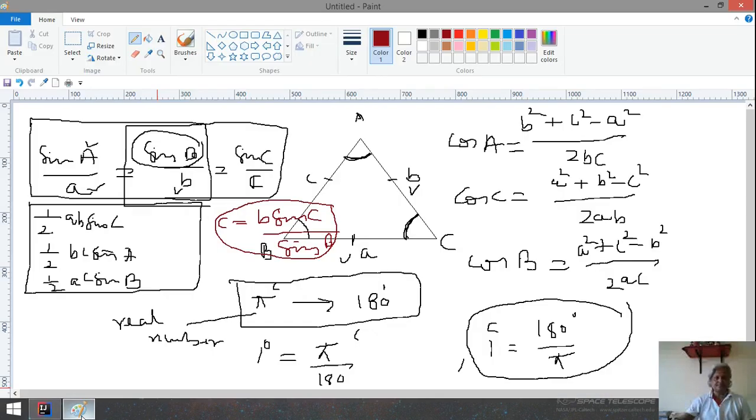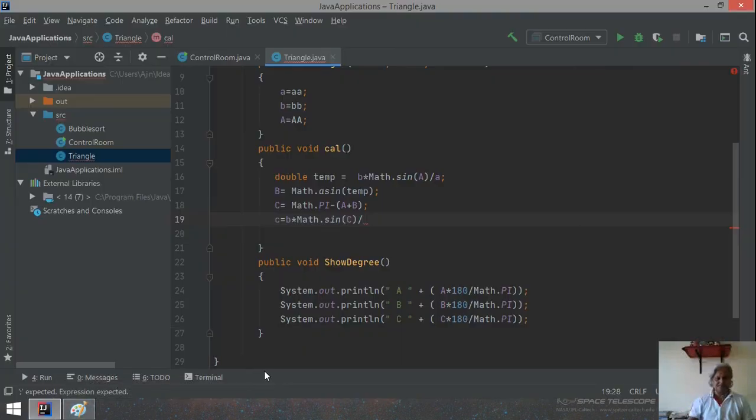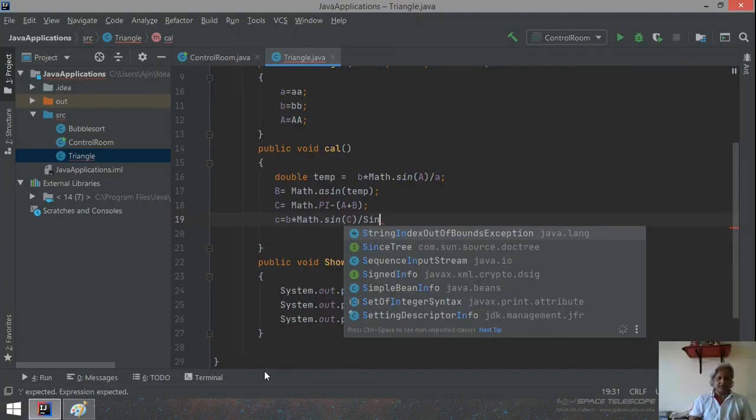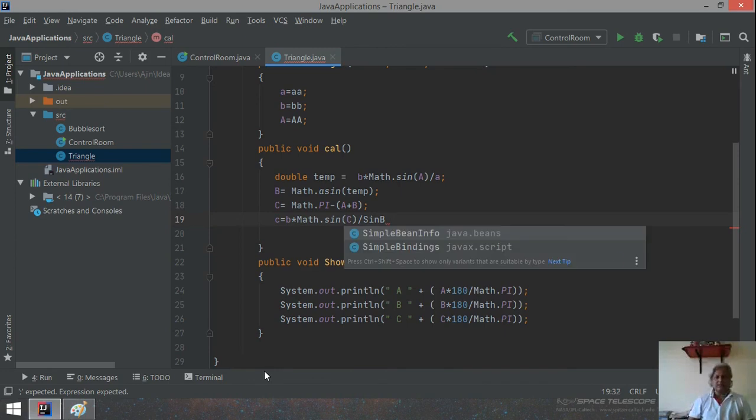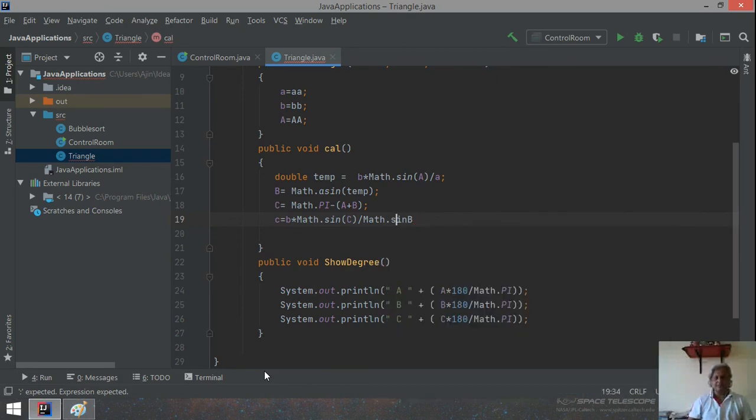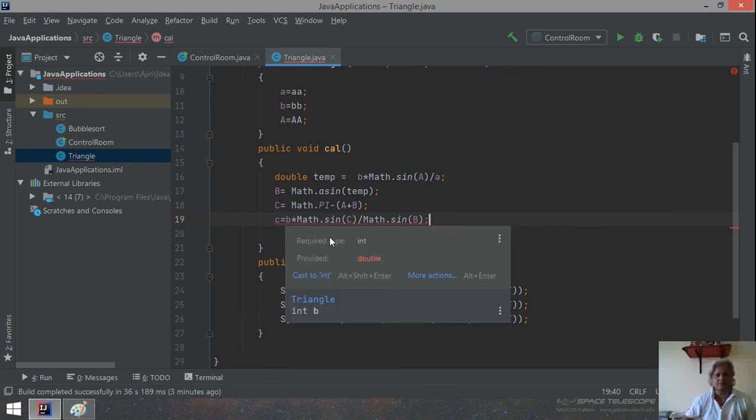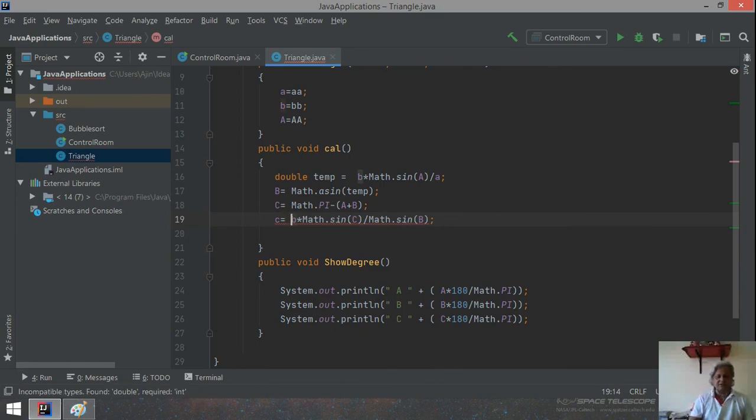Divided by sine B, and that should be math dot sine B. So c equal to B into math dot sine C divided by math dot sine B. Okay, but it's saying this needs to be typecasted, so I convert this into int and put all these things in brackets. Then the c will be converted, this is called typecasting.